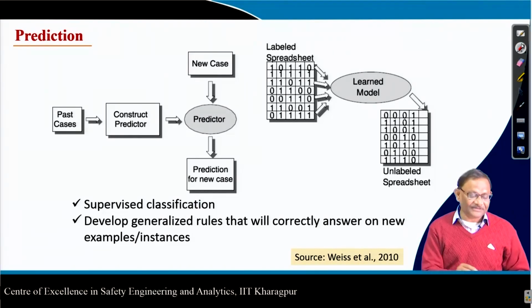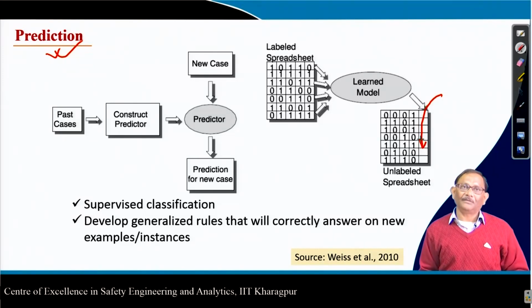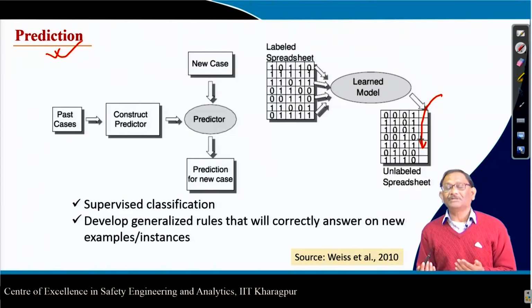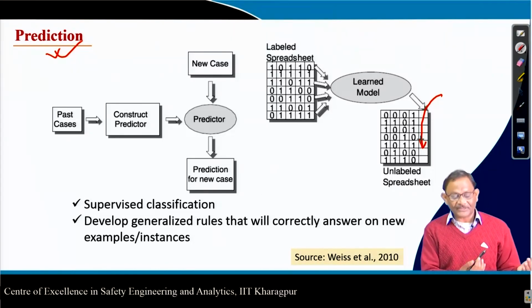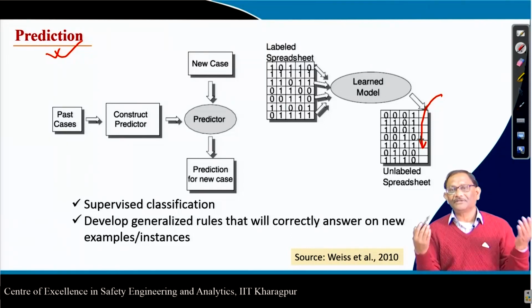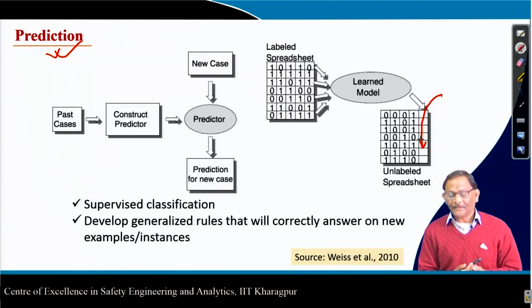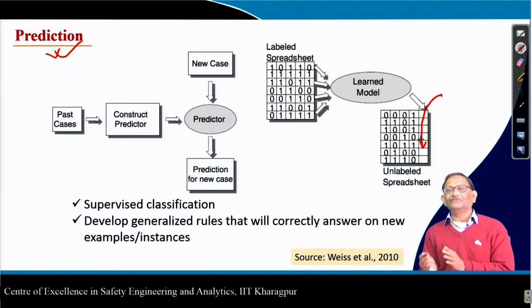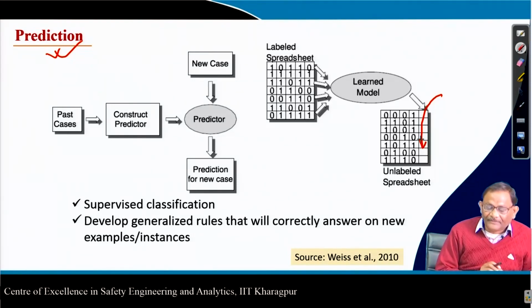Once you have a structured database, you can think of prediction. Prediction means what you want to predict, some kind of class you want to predict. The predictive safety analytics will be discussed later on, but for the time being, what I am saying is that once the text data is converted to some kind of structured spreadsheet data, then using this data you can also do prediction.